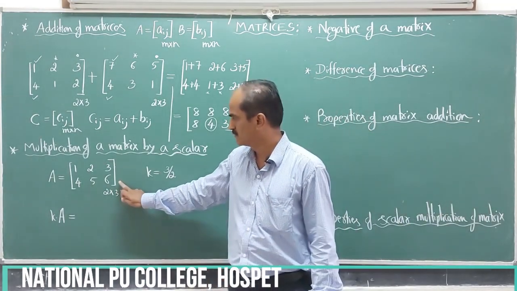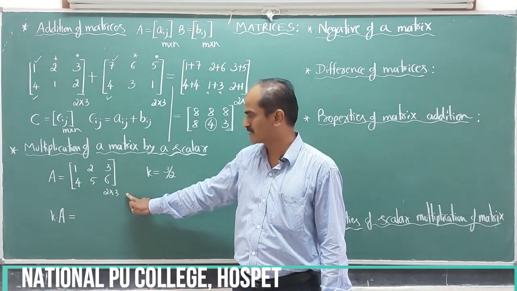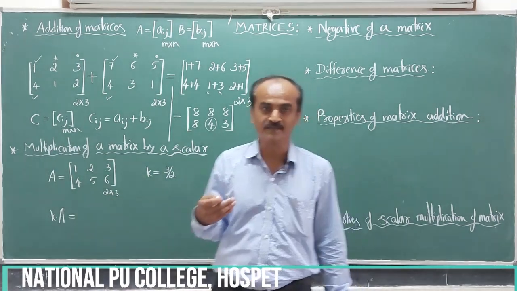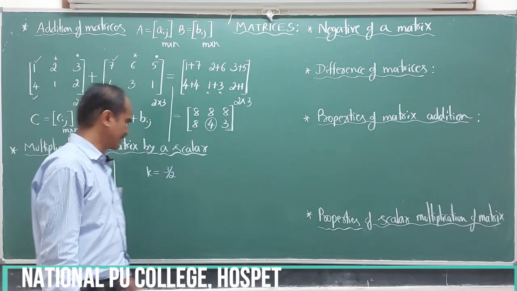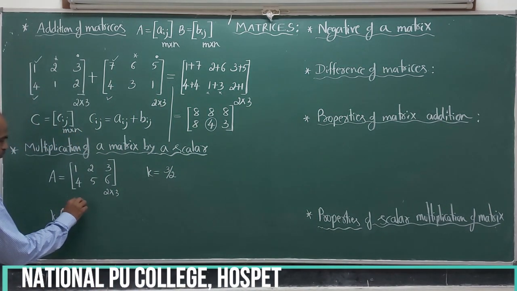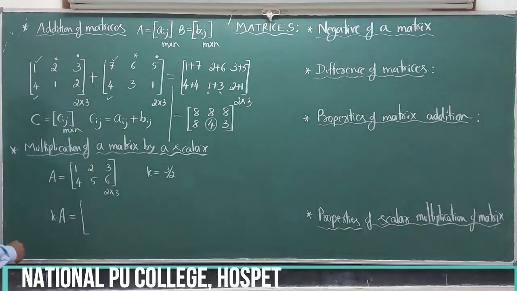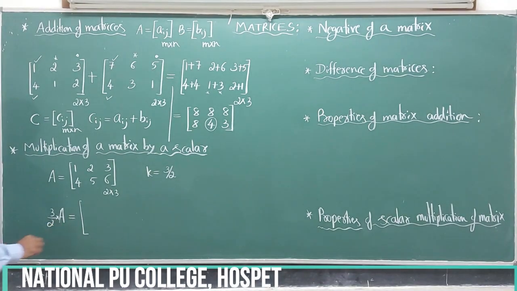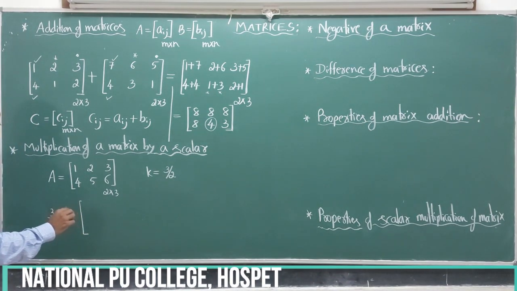We are ending with another matrix of order A. So A is of order 2 by 3. And considering k times of A, you are ending with another matrix of the same order, that is 2 by 3. Then how to obtain this? Here the value of k is 3 by 2. We are finding 3 by 2 times of A. How to write the element?